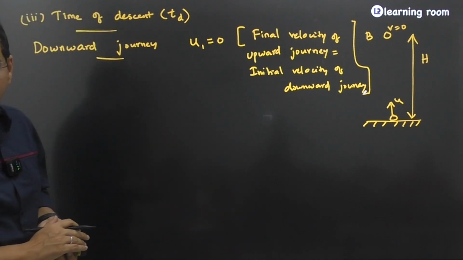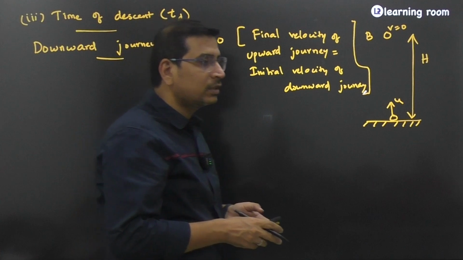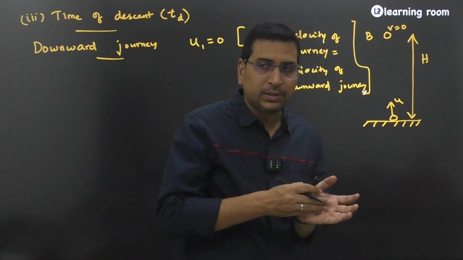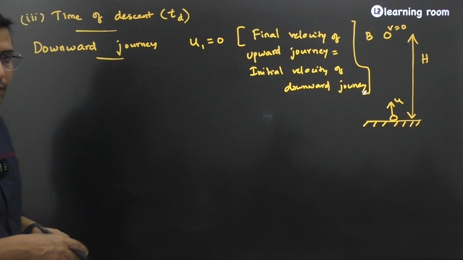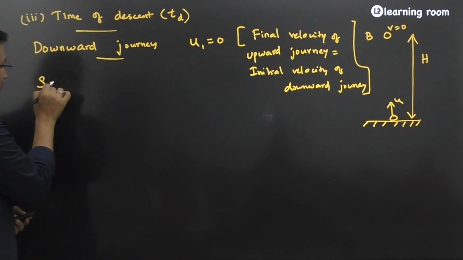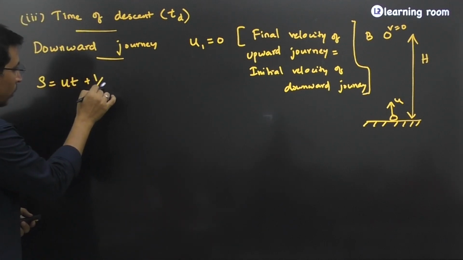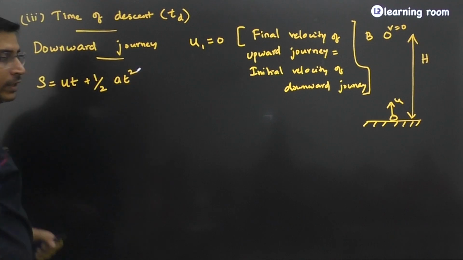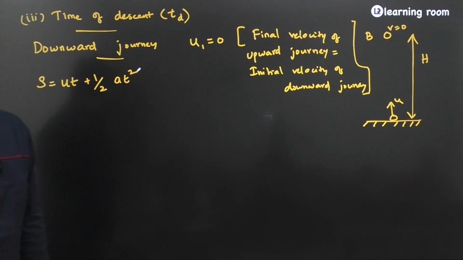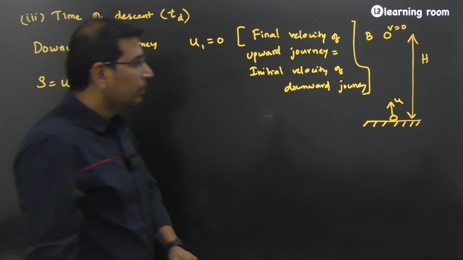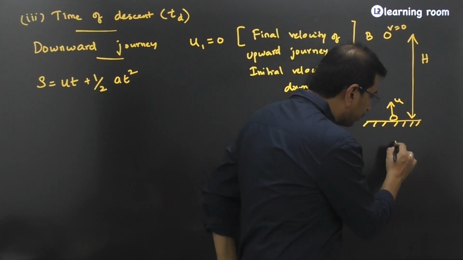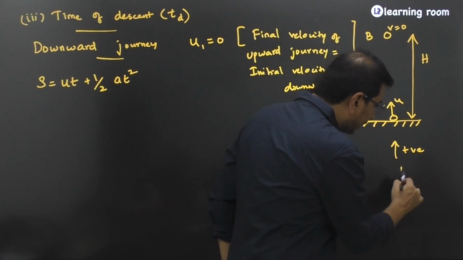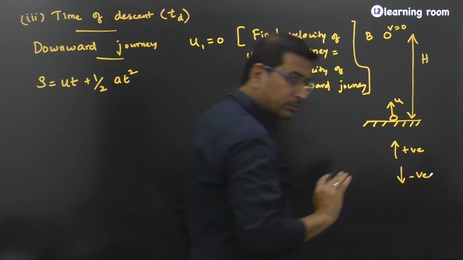time of descent. So what is the expression which gives me the relation between displacement, initial velocity, time and acceleration? So that is S is equal to ut plus half at square. So I'm going to use S is equal to ut plus half at square. Now, the object is traveling in the downward direction. According to our sign convention which we took, this is positive and this is negative.